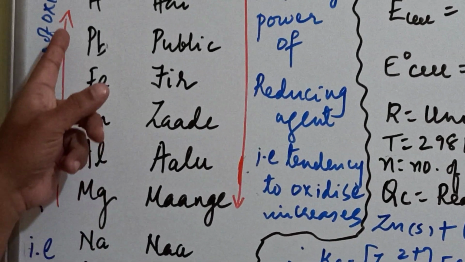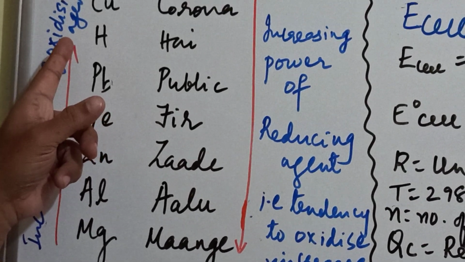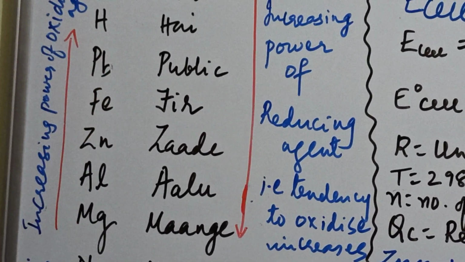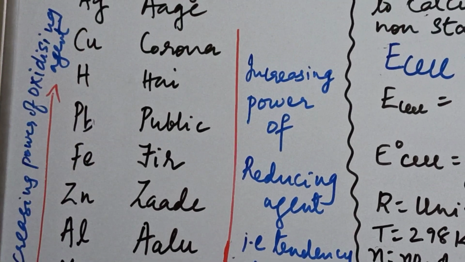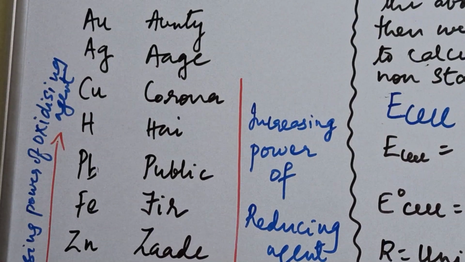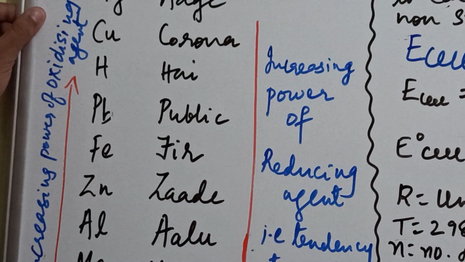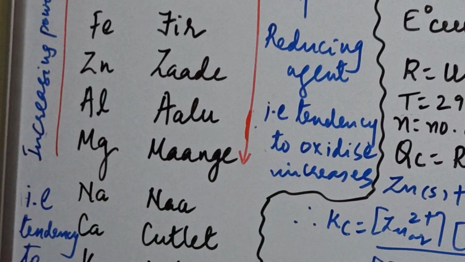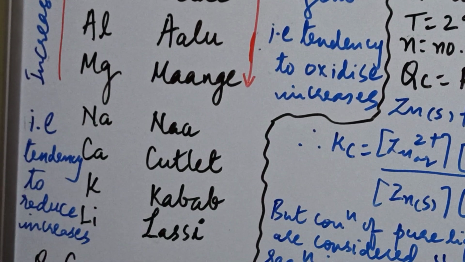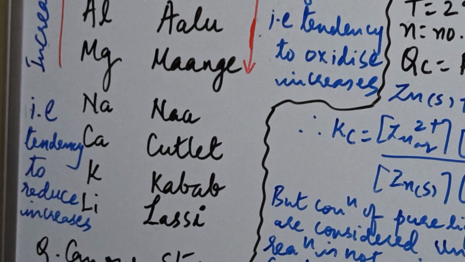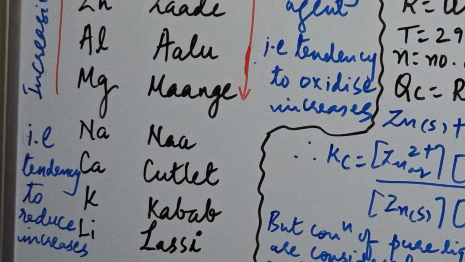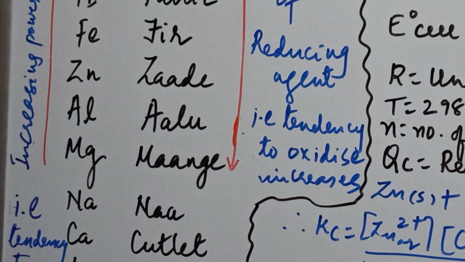Similarly, there is an arrow mark put in red in this direction. When you go from bottom to top, it is written increasing power of oxidizing agent. That means the tendency to reduce increases, which means the tendency to gain electrons.